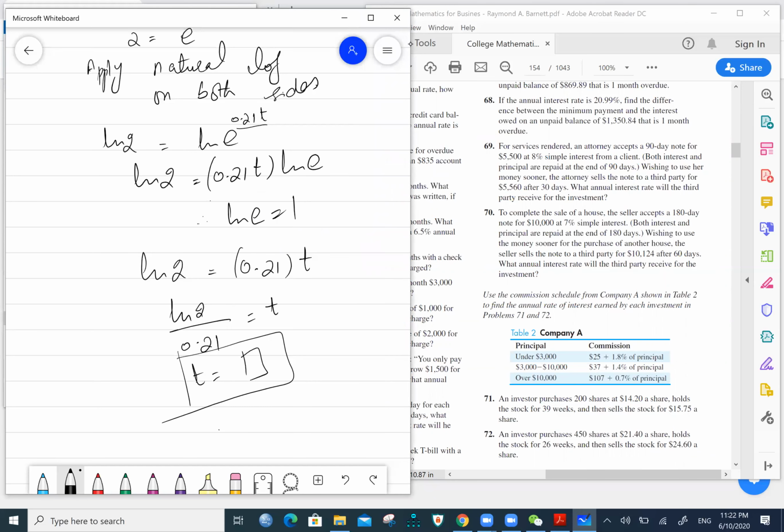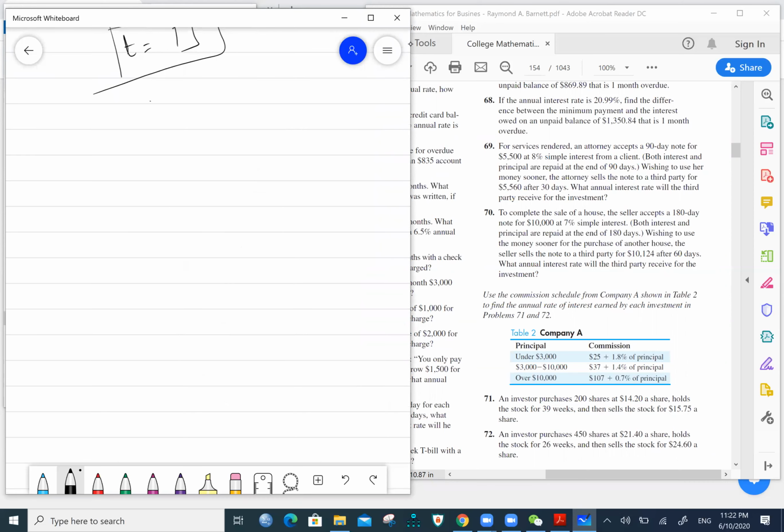So, R is, what is R? The note is for $5,500 at 8% simple interest from a client.